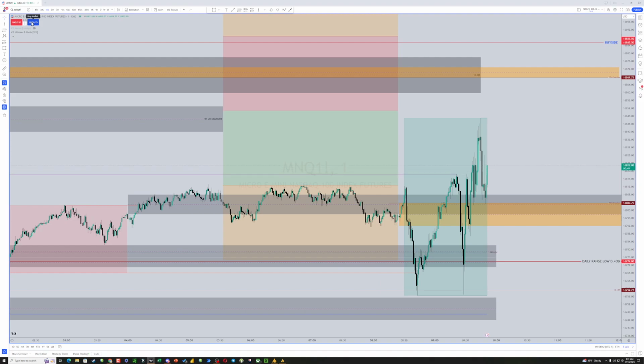Okay, look at this low, 803, and that high is 802.75. Missed it by a quarter. Okay, sorry. Pretty crappy entry.